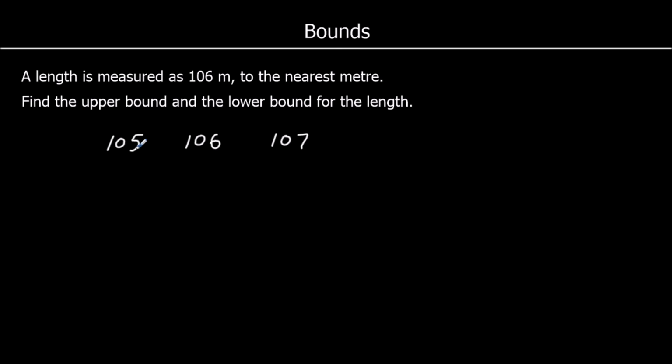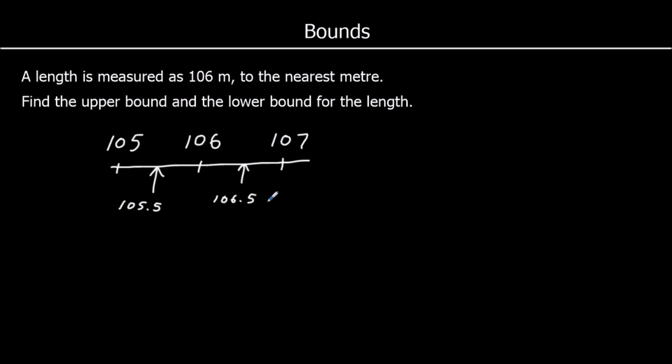So it's the nearest meter, so it's going up in 1 meter each time. And we're going to say that the lower bound is halfway between 105 and 106, which is 105.5. And the upper bound is halfway between 106 and 107, which is 106.5.